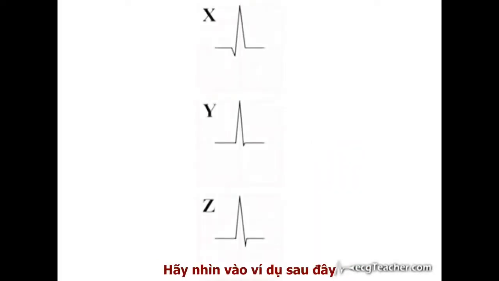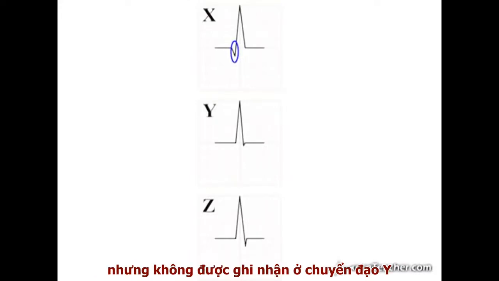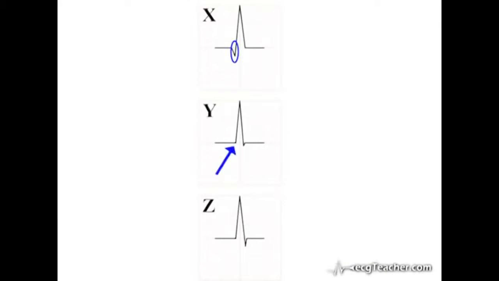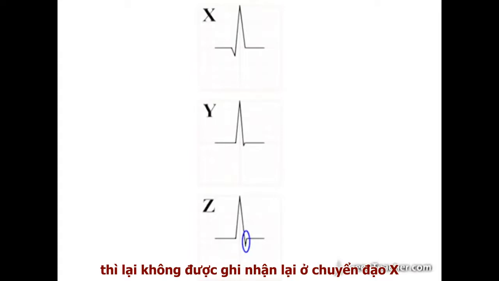Looking at this stylized example, in the 3 model leads shown, the current generating this small physiological Q wave in lead X has not been detected by lead Y, while the current generating this small S wave in lead Z has not been detected by lead X.